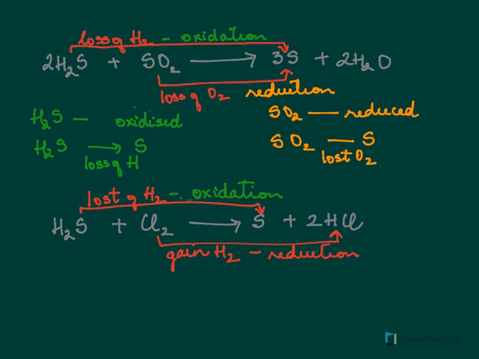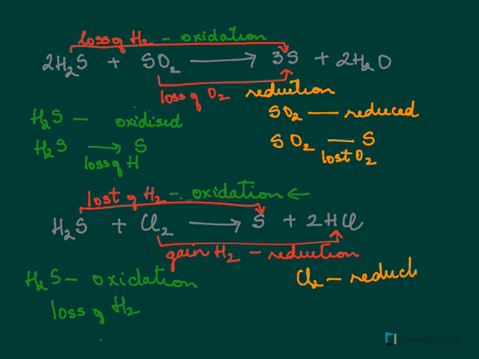In the earlier case, there was a mistake. The loss of hydrogen, remember, is oxidation. So H2S undergoes oxidation because there is loss of hydrogen, and we can say chlorine undergoes reduction because there is a gain of hydrogen.